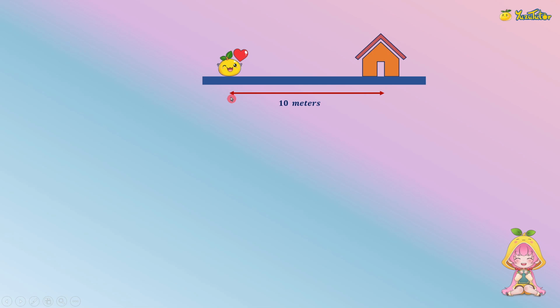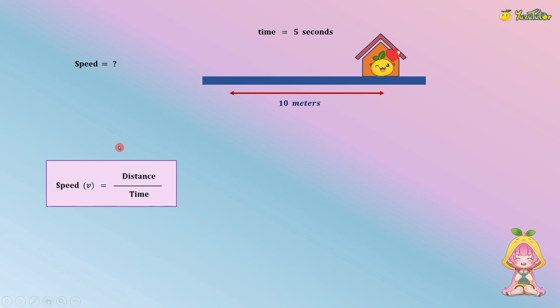Now, look at this picture. An object is 10 meters away from home, and it takes 5 seconds to travel back home. What is the speed of the object? To calculate speed, we use this formula. Speed equals distance over time.